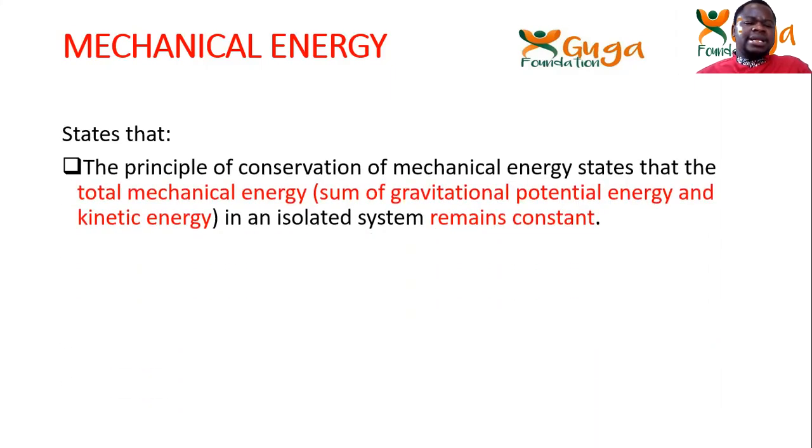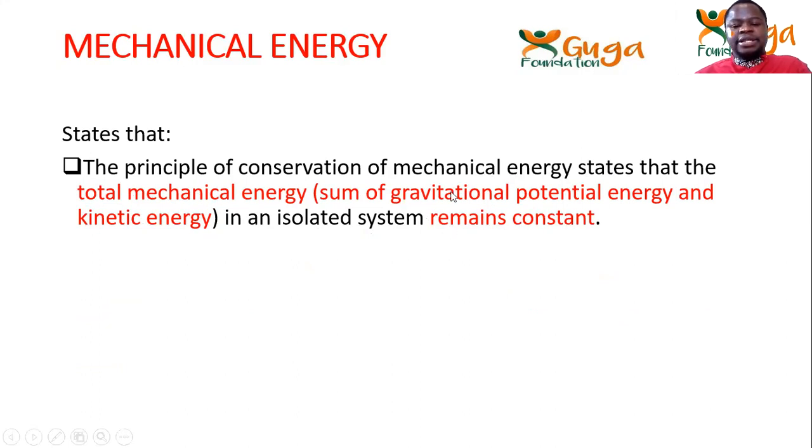Okay, guys, now let's look at mechanical energy. What is mechanical energy? The principle of conservation of mechanical energy states that the sum of gravitational potential energy, which we talked about as EP, and the kinetic energy in an isolated system remains constant.